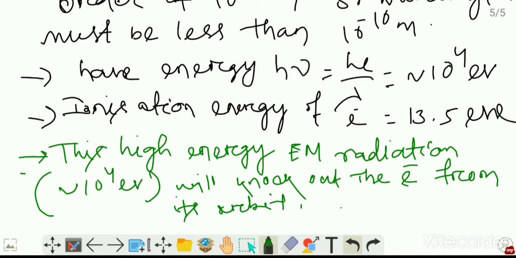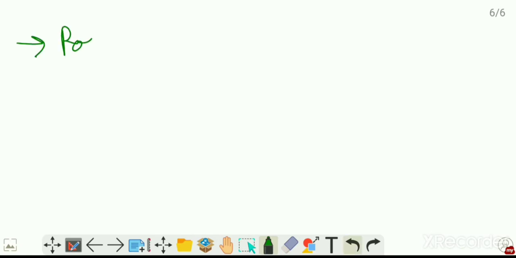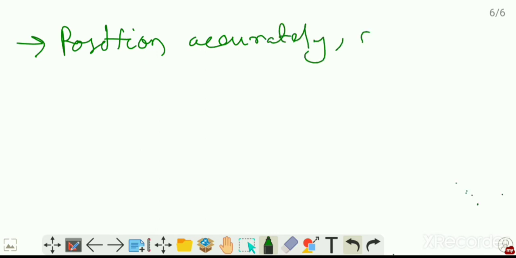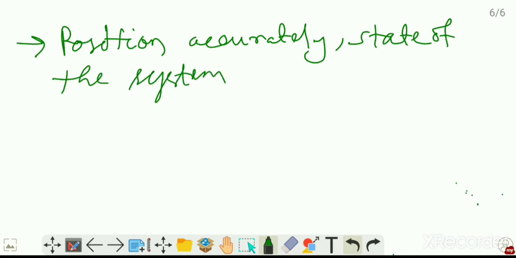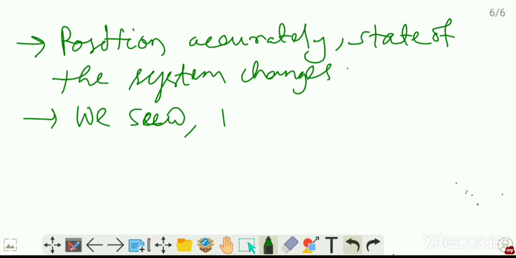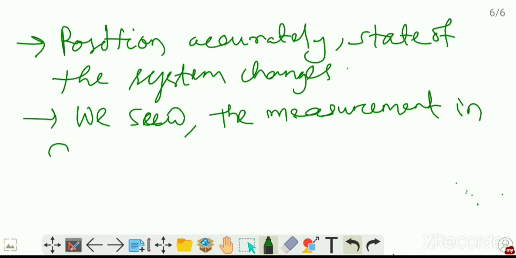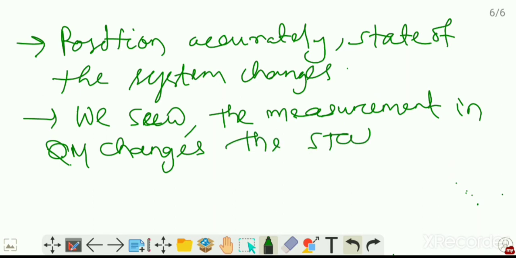That is, when we measure the position accurately, the state of the system completely changes. So we saw that measurement in quantum mechanics changes the state of the system.